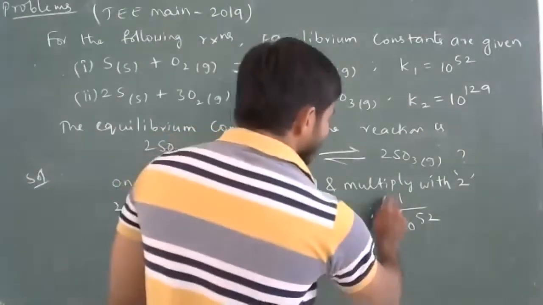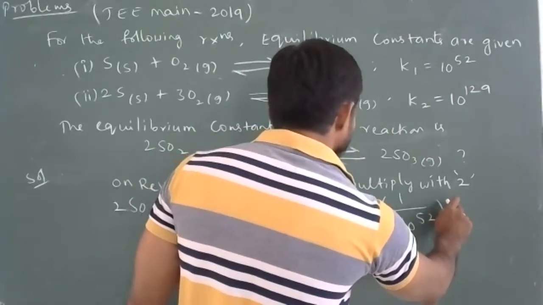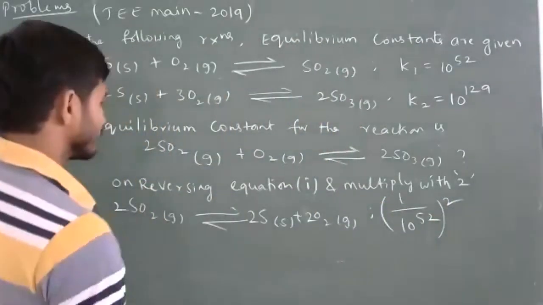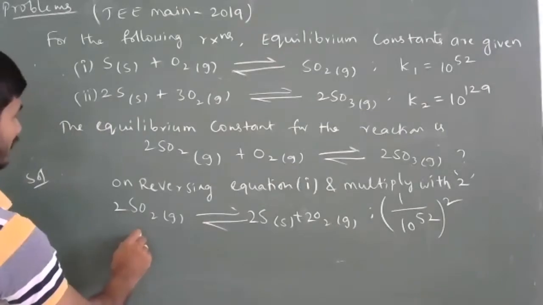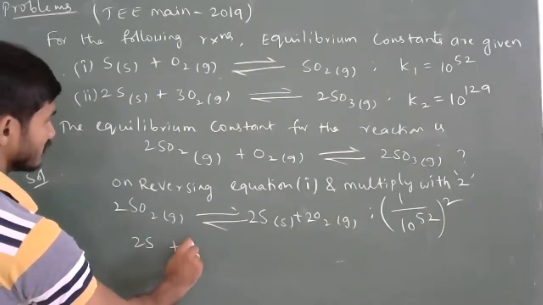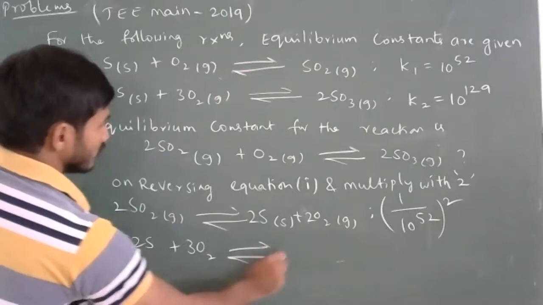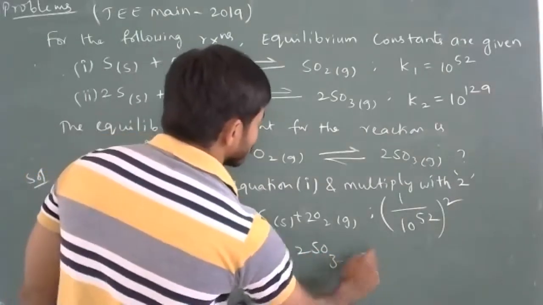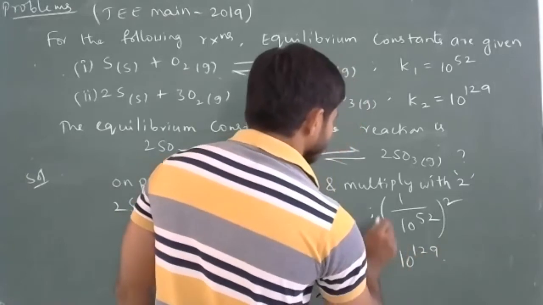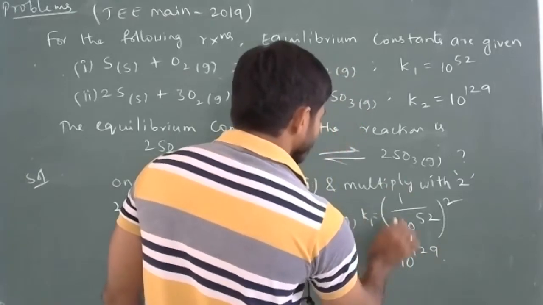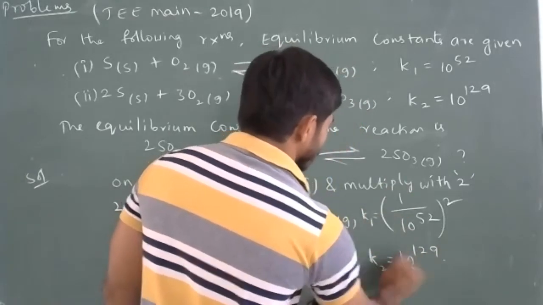Once you reverse, you get 1 by 10 power 52, and multiplying with 2 gives the square. Second equation I write as it is: 2S plus 3O2 gives rise to 2SO3, with equilibrium constant 10 power 129. This is K1 and this is K2.